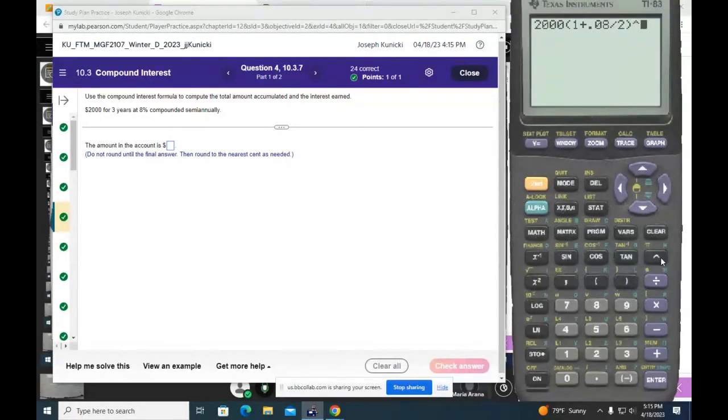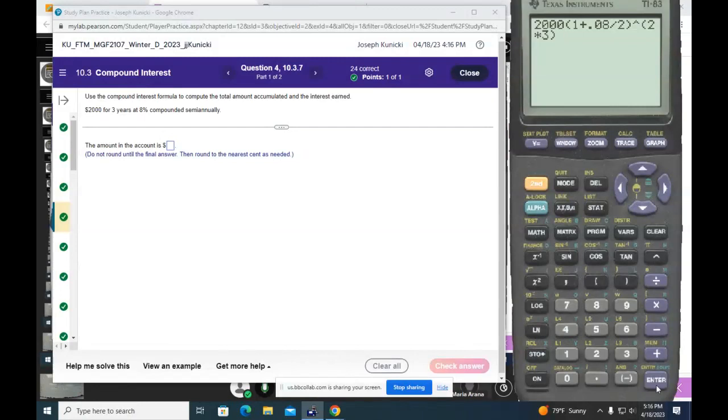The exponent is NT because there are 2 six-month periods per year, and it's 3 years. So the exponent becomes 6 because I'm going to compound it 6 times. For each compounding, I only use half the interest.